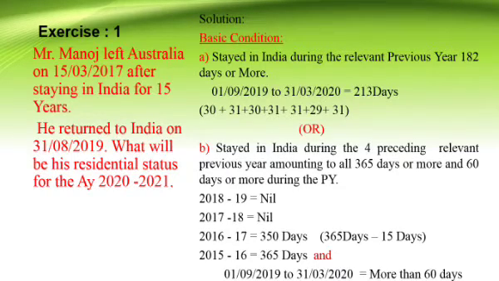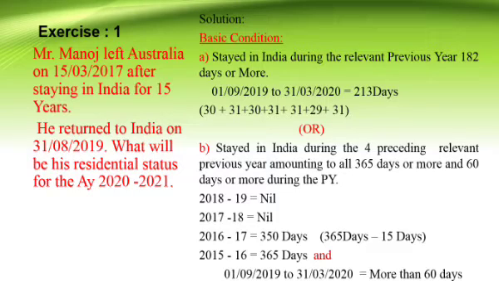The condition is that he stayed in India during the 4 preceding relevant previous years amounting to 365 days or more, and 60 days or more during the previous year. Our previous year is 2019-20. So for the 4 preceding relevant previous years, we have to calculate before 2019.